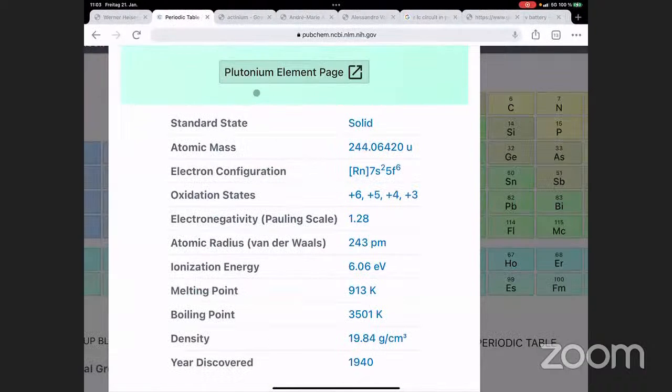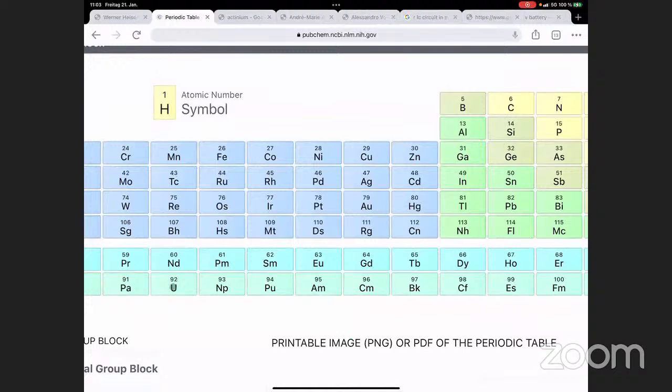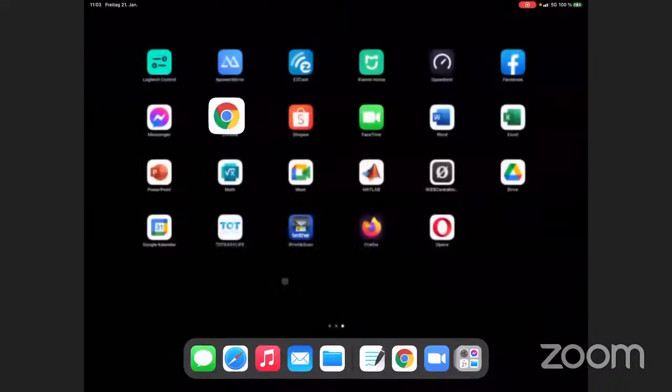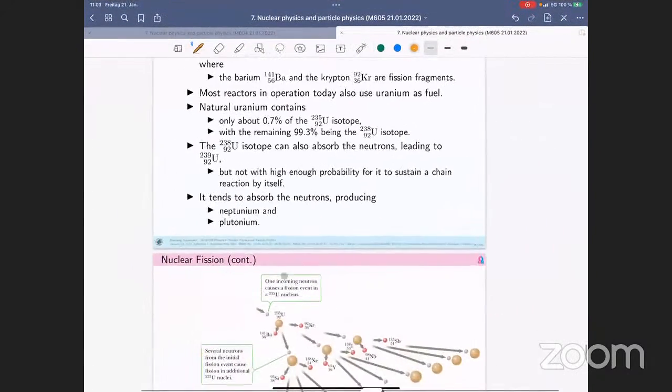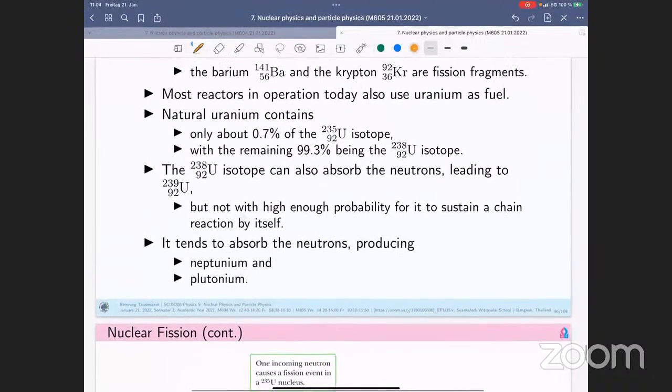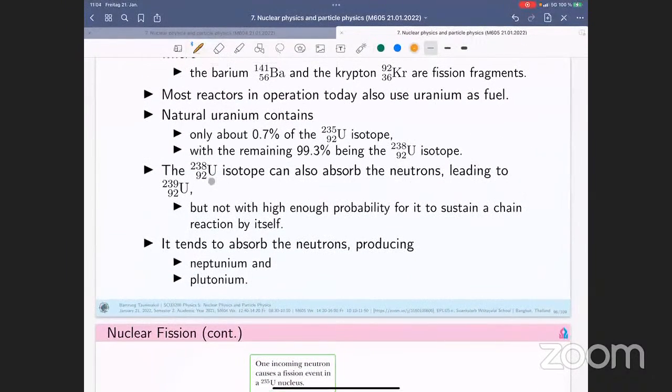Uranium absorbs neutrons, and then some of the neutrons turn to be protons. By one or by two, we get neptunium and plutonium. That's the way it takes place with uranium-238. When you insert more neutrons, the neutron will change itself to become a proton, and that's why we get bigger elements like neptunium and plutonium.